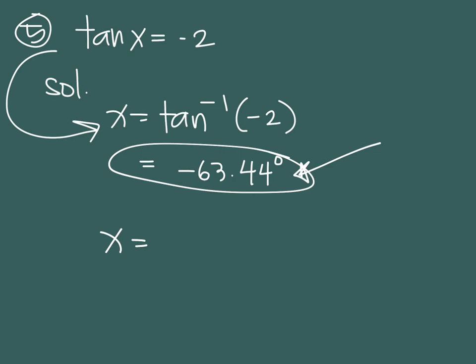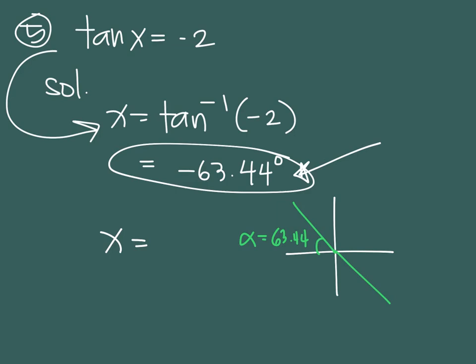Okay, because the tangent is negative where? Quadrant 2 and quadrant 4. And that 63.44 will give us the reference angle equal to 63.44. That's why, to get the first answer, go back by 63.44.